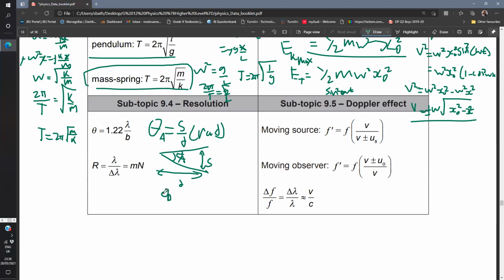However, for theta d, it's going to be 1.22 lambda over b.